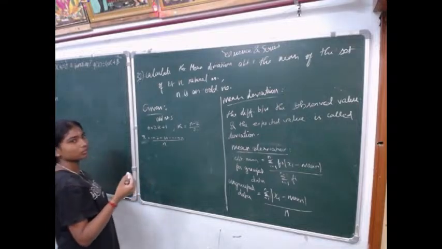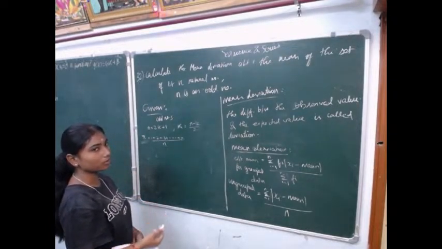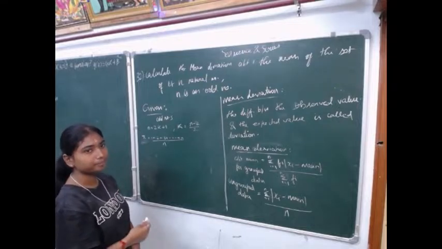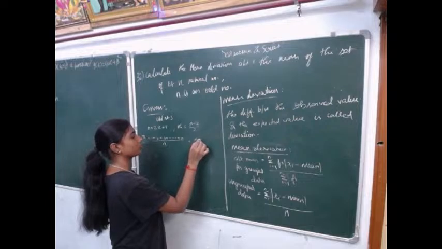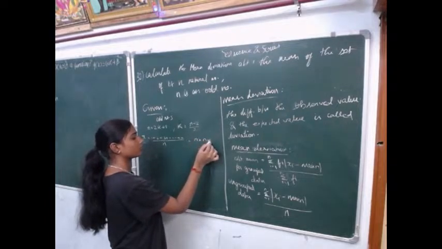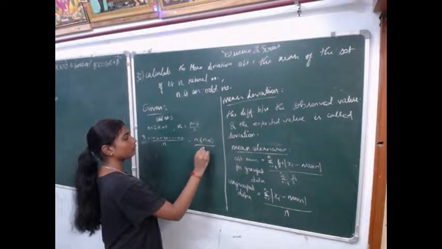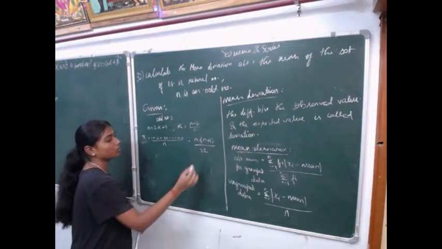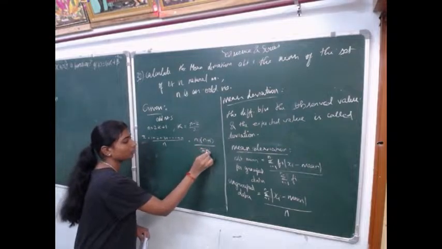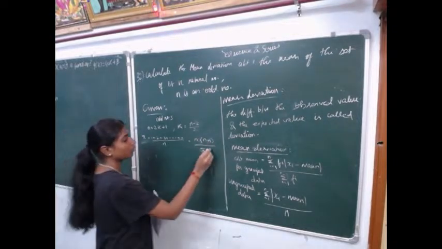We can apply the arithmetic progression sum formula. What is that? n into n plus 1 divided by 2. You already have n here, so you can put 2n. You can cancel n. So n plus 1 divided by 2.